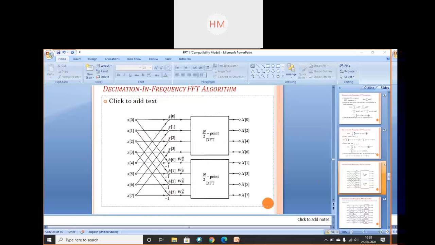So once you draw it, you will become very confident. Finished.